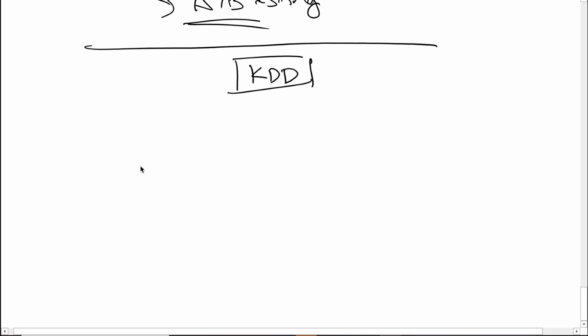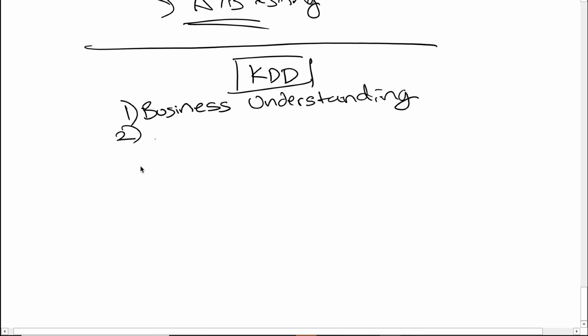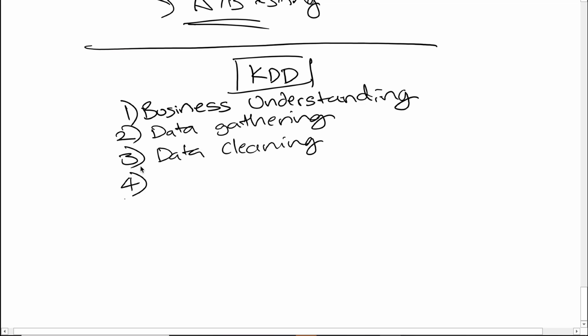and I'll write all the steps down. So the first step was business understanding. The second step was data gathering. The third step was data cleaning. The fourth step was data pre-processing.